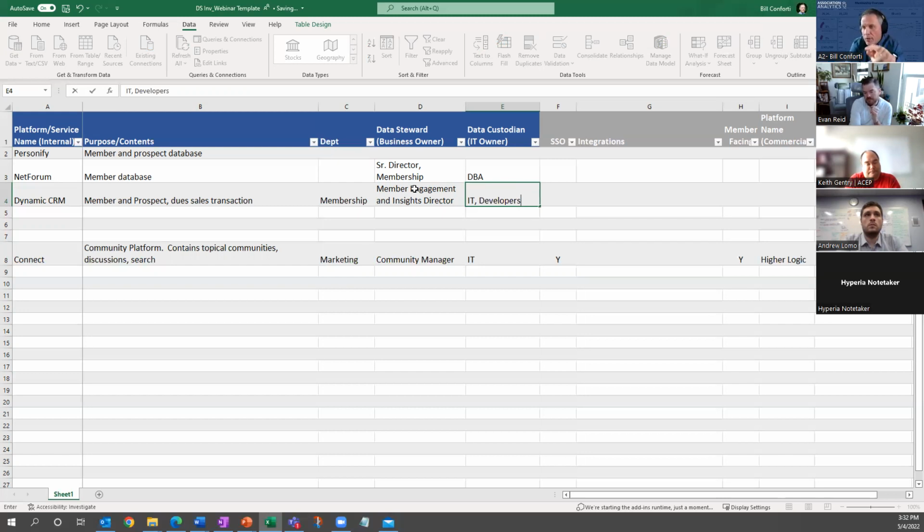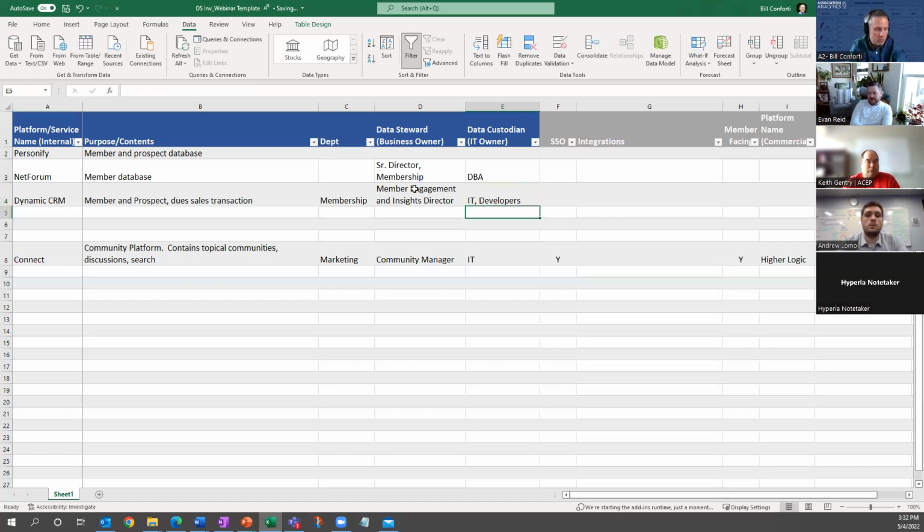Okay, so Evan, in your case, would you say that your team is the business owner of any of the main source systems, or are you really just the analytics, which kind of sits on top of that? It's an interesting question, because when I think about stewardship and business ownership, I kind of separate those a little bit, in that I would argue that our development team is probably the technical owner of the AMS.